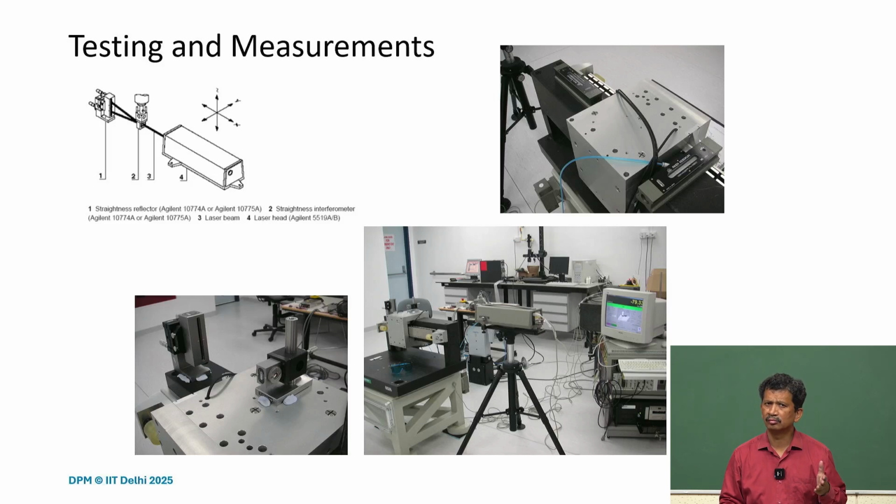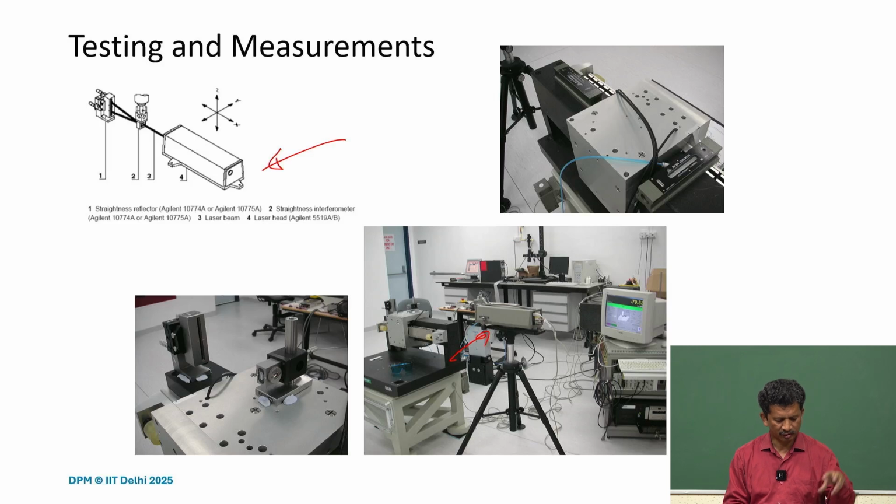We want to check the repeatability, how repeatable it can be. So interferometers are there. These are older ones, but these days I think very small versions are available, and they can be easily plugged in, and there is no need to use this very big setup these days.